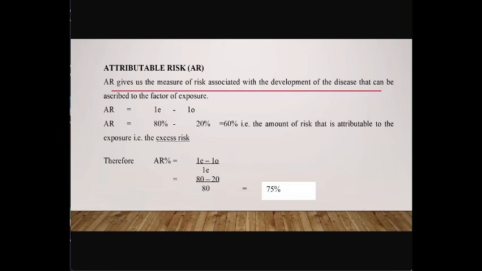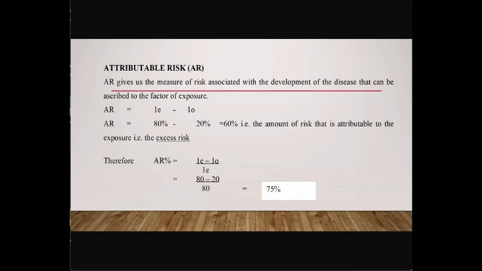risk measures. So put simply by formula, attributable risk is the incidence in the exposed minus the incidence in the unexposed. If the incidence in the exposed, for instance, is 80%, right? Disease incidence in those exposed is 80%, and the incidence among the unexposed is 20%. When we subtract 20% from 80%, we have 60%.